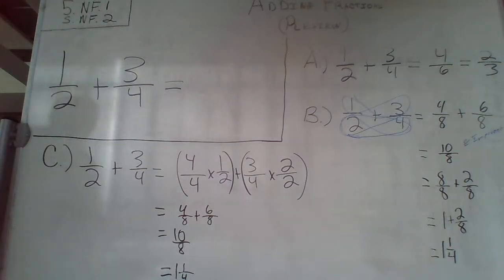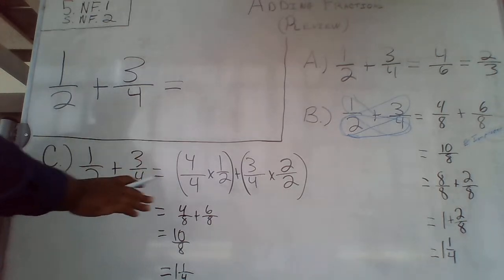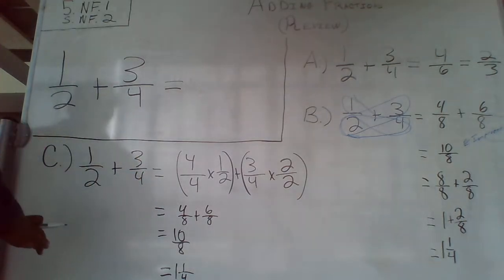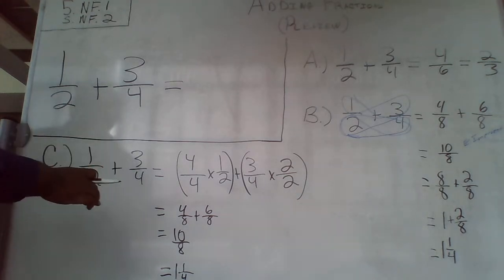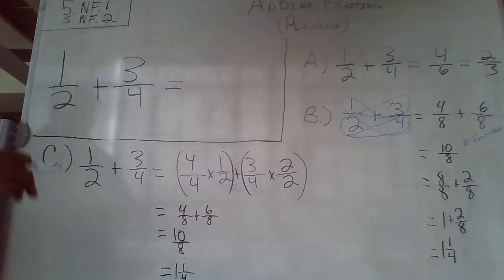All right, so let's look at C. C is 1/2 plus 3/4 equals 4/4 times 1/2 plus 3/4 times 2 halves. So what's going on here? It looks like we said that, hey, we're going to take the denominator of the opposite fraction and we're going to multiply it to the denominator and the numerator of the other fraction.